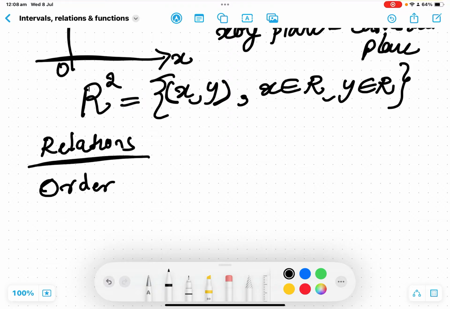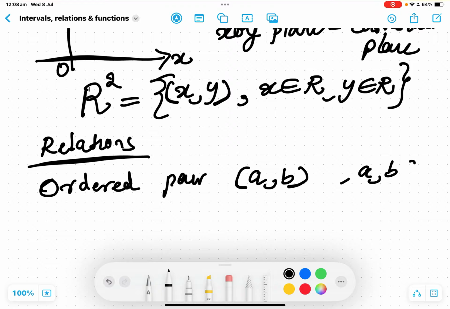We normally write an ordered pair as (A, B). A and B can be any element. In this case, we talk about real numbers, so we can say (A, B) belongs to the real numbers.